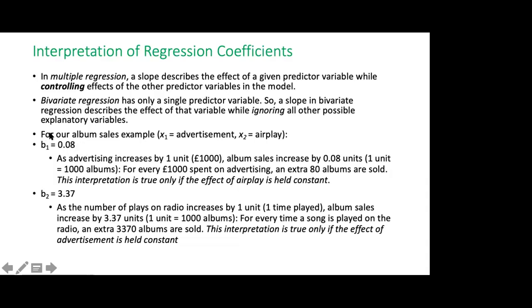Taking the album sales example, let's assume our regression weight for advertisement budget is 0.08 and for airplay is 3.37. Then as advertising increases by 1 unit, which corresponds to £1,000, album sales increase by 0.08 units.